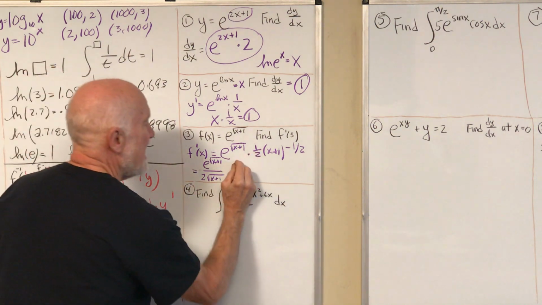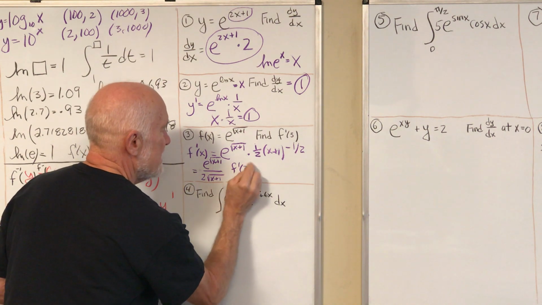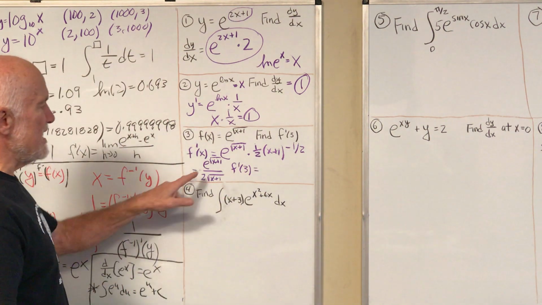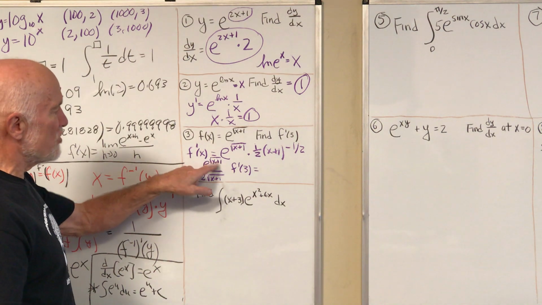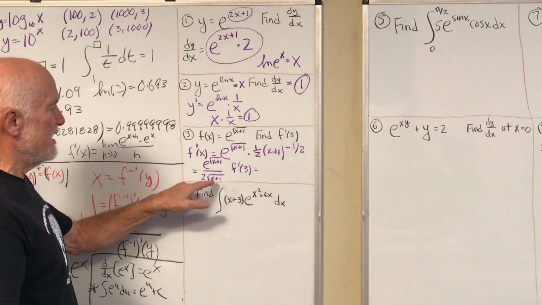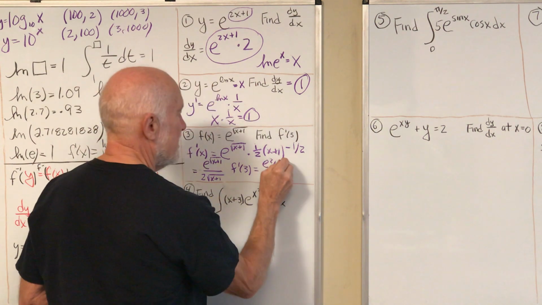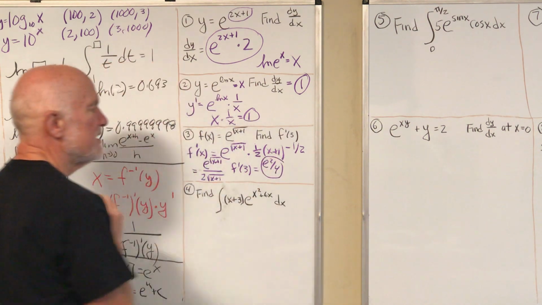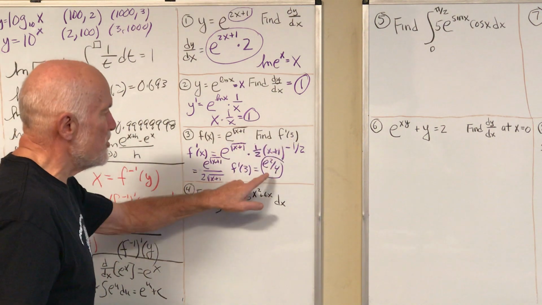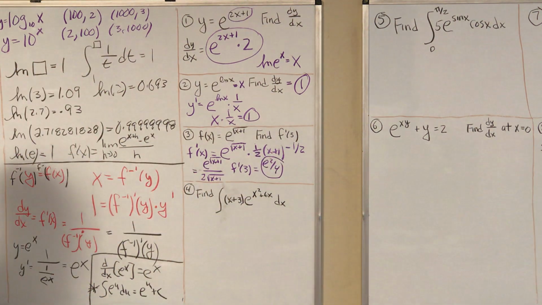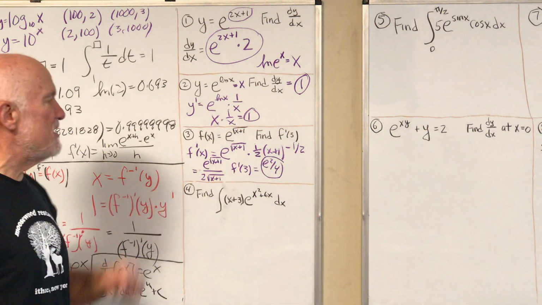So if you want to find f prime of 3, what is it going to be? e squared divided by 4. Since you're finding the derivative at a number, you actually get another number. e squared over 4 would be like 2.718 squared divided by 4.